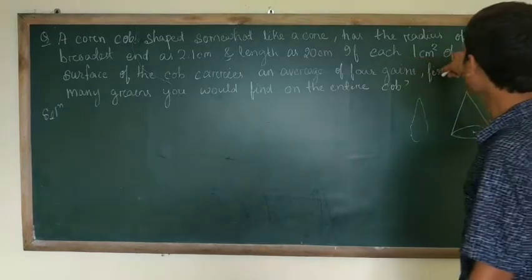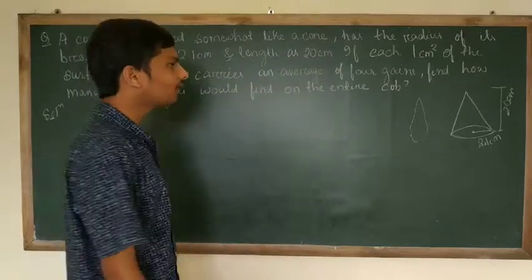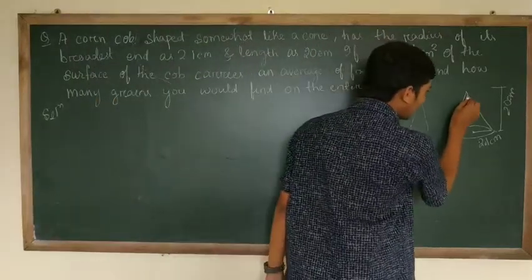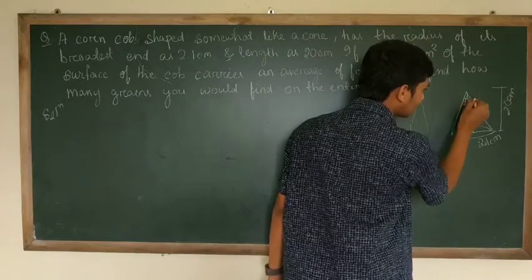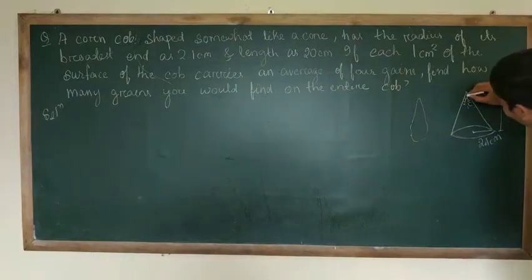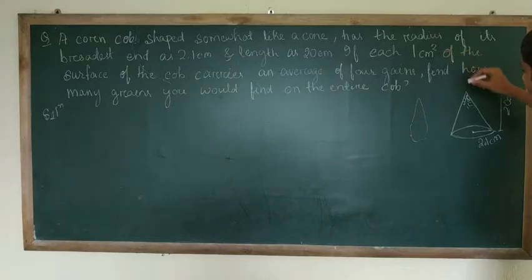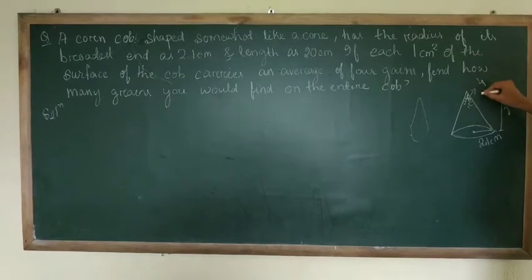If each 1 cm square of the surface area of the cone carries an average of 4 grains, suppose this is 1 cm square, this is 1 cm square, then 1 cm square area carries 4 grains on average.